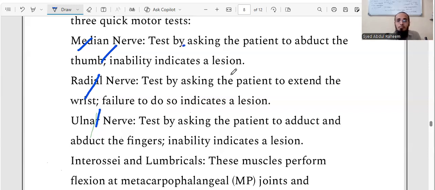Inability indicates a lesion or problem. Adduction, abduction. If he cannot, there is a problem in the median nerve. Here the median nerve is going here, this is the radial nerve, and this is the ulnar nerve.